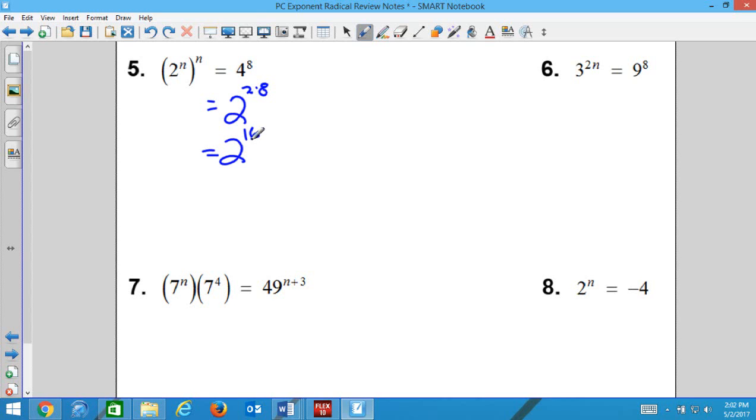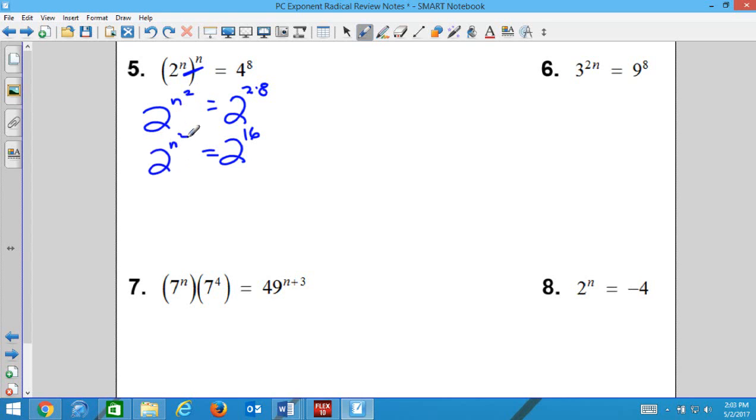Remember, when we do power to a power, we multiply. So right here, we're doing power to a power. What do I do to my exponents? I multiply them, so it's n times n, n squared. We'll have an exponent with another exponent on it. So we've got 2 to the n squared equals 2 to the 16.